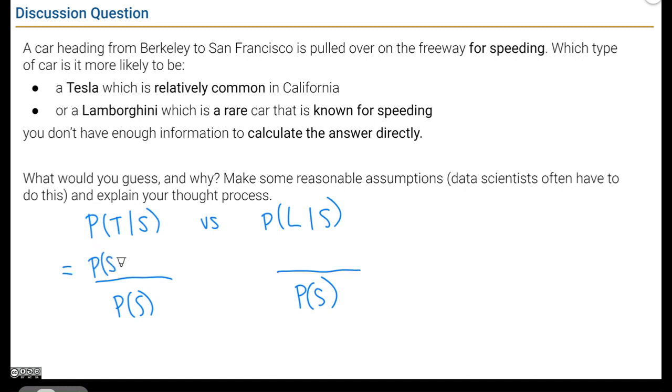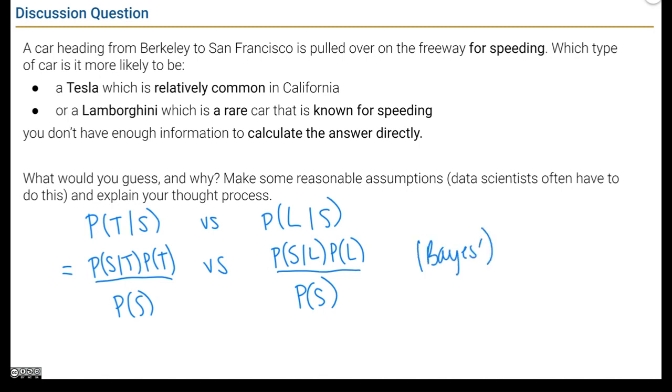And this will be probability of speeding given Tesla times probability of Tesla. This will be probability of speeding given Lamborghini times probability of Lamborghini. So this is Bayes here in both of these situations. So I'm just going to compare the numerators because the denominators have the same scale.